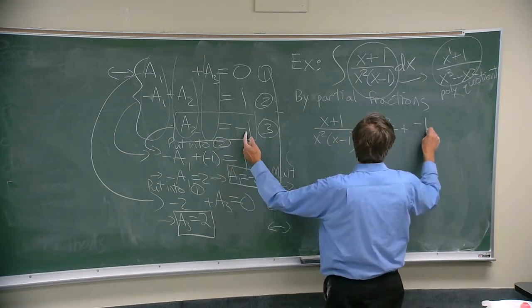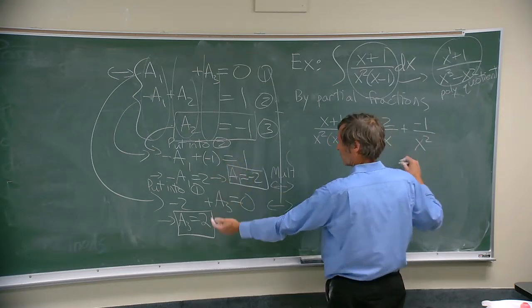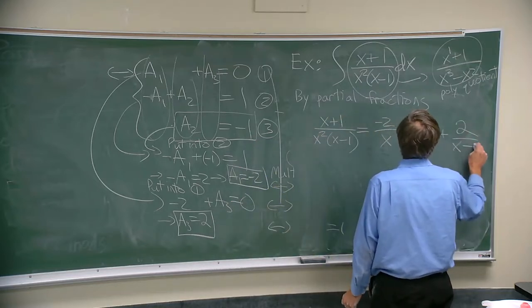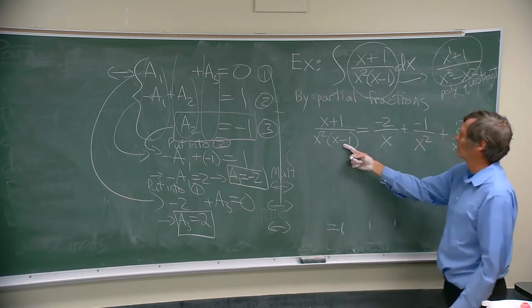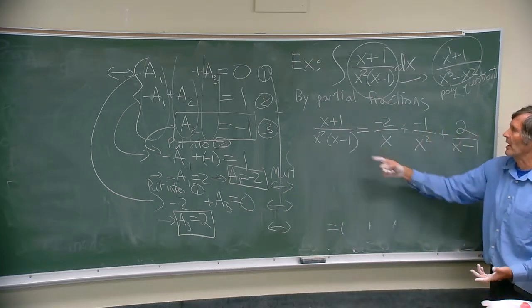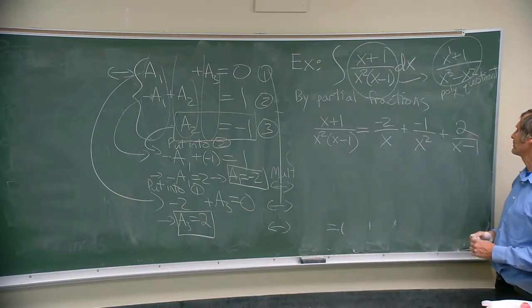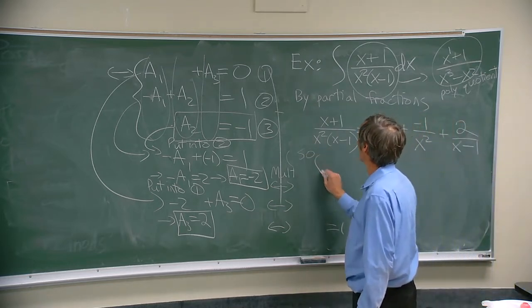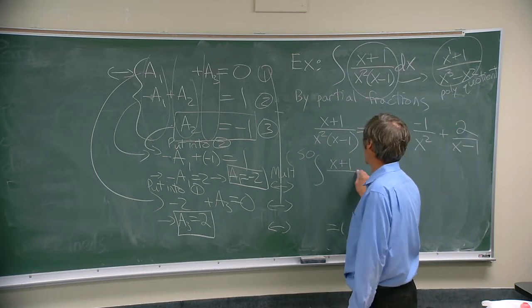Minus 2, so it's minus 2 over x, right? Plus A2 over x squared, I just erased it, but A2 is minus 1, plus A3, which is 2, over x minus 1. There it is. This expression is equal to this one. We just undid the common denominator.